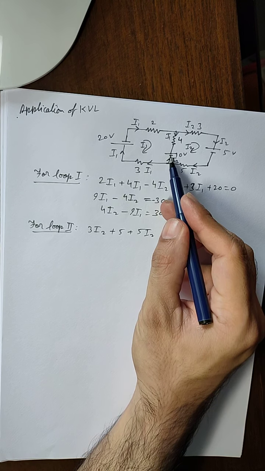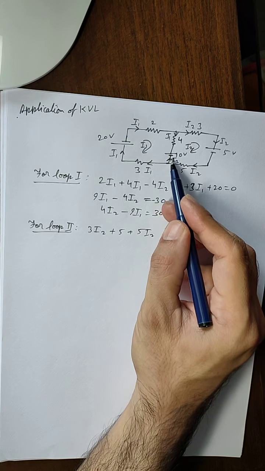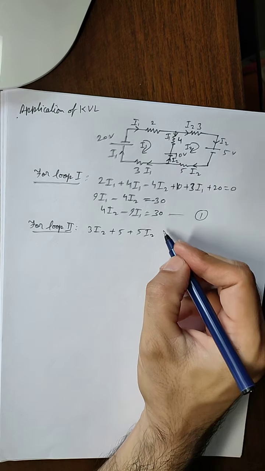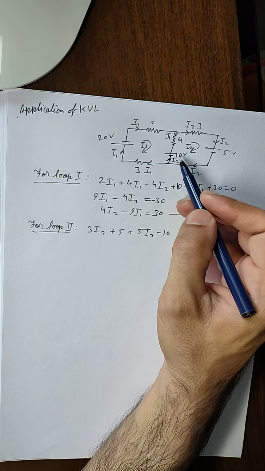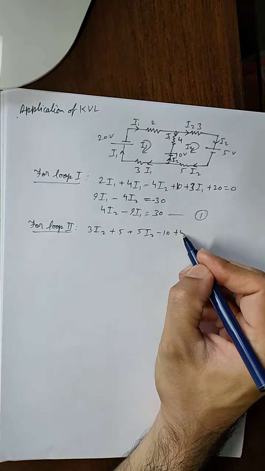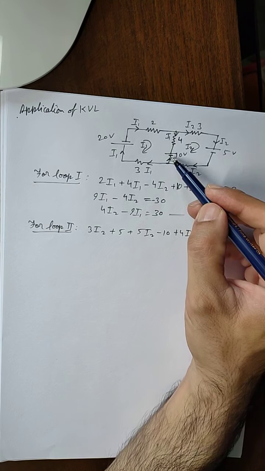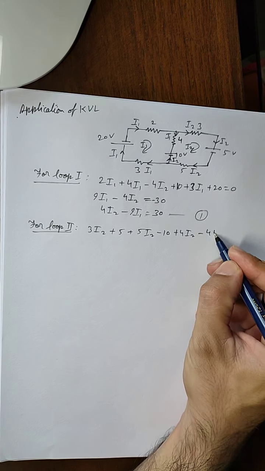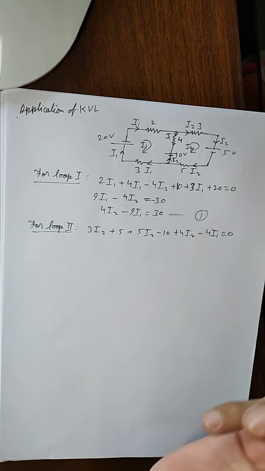Then we are entering the negative terminal of the 10 volt battery, going inside the battery through the negative terminal, so it will be written as minus 10. Then in this resistor there are two currents. Since we are moving in the direction of I2, we will have plus 4I2, and I1 is going in our opposite direction, so it will be minus 4I1, and the sum of all of these potentials will be equal to 0.